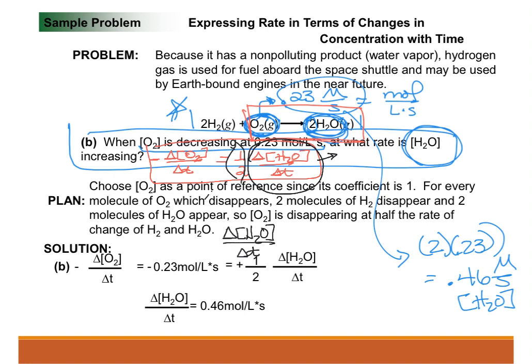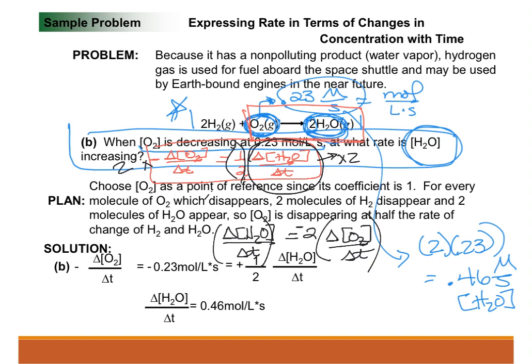So how do we get rid of the 1/2? Just like you do in algebra, multiply both sides by 2. So this tells us that the rate with respect to water is 2 times, and the opposite sign, right? The rate with respect to oxygen.